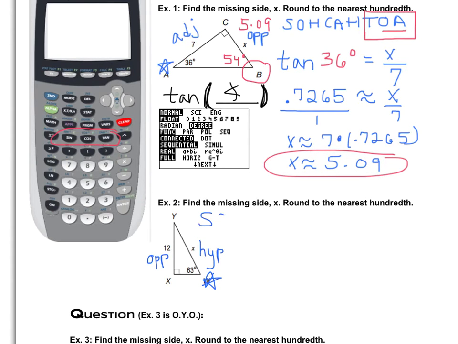So thinking about SOHCAHTOA, I have now opposite and hypotenuse, so that's actually going to give me a sine ratio that I want to be working with in this calculation.